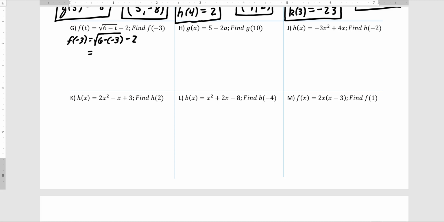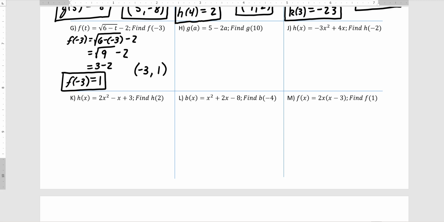So the 6 minus negative 3 becomes 6 plus 3, which is 9. And what's the square root of 9? 3. 3 minus 2 is 1. So f of negative 3 equals 1, which tells me that my input is negative 3 and my output is 1. Fantastic.